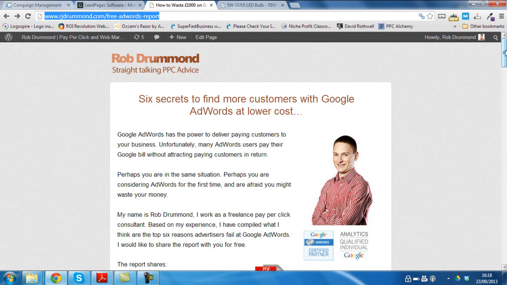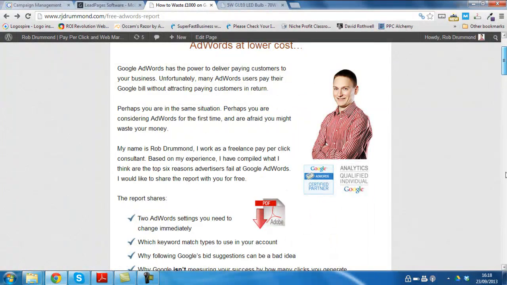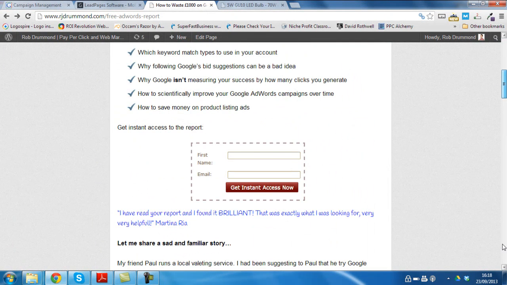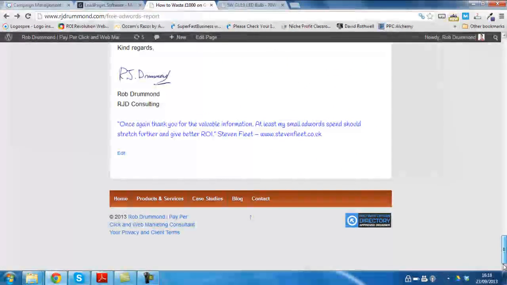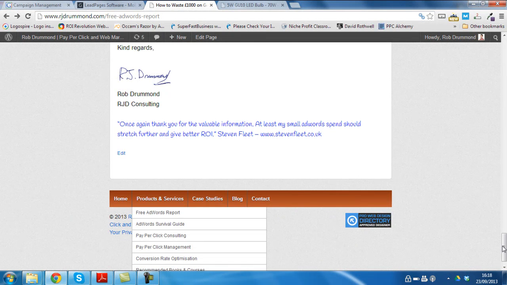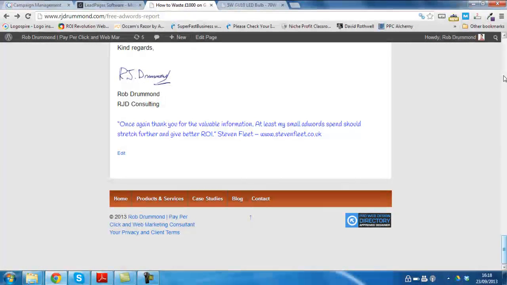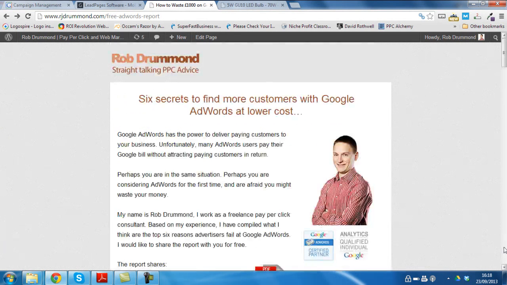What I've found is that I've moved my main navigation to the bottom of the page. I don't go against Google's terms of service because there is navigation here, but it's just at the bottom of the page. And I found that increased my conversion rate from 15% to 25%, which is a significant increase for me.